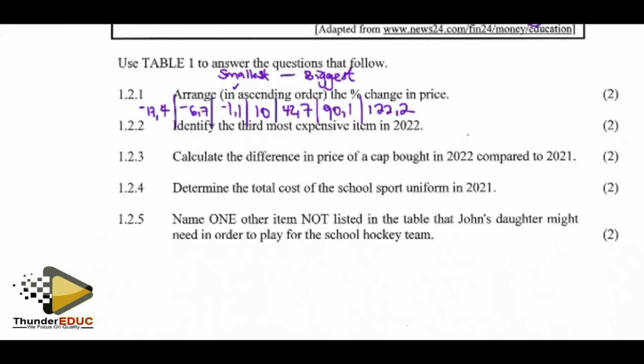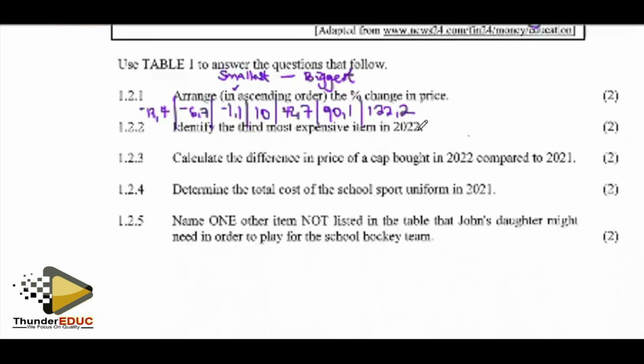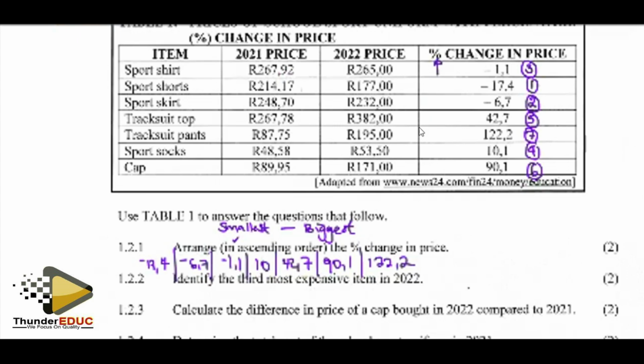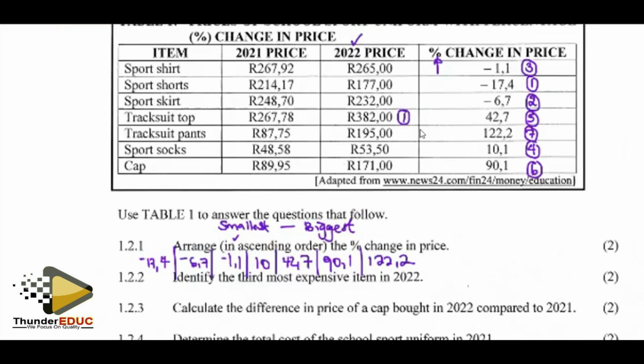Identify the third most expensive item in 2022. So 2022 is this. We identify the third most expensive item. So which one is the most expensive? It's this one here, followed by that one, followed by this.